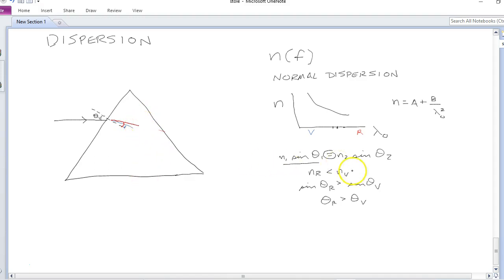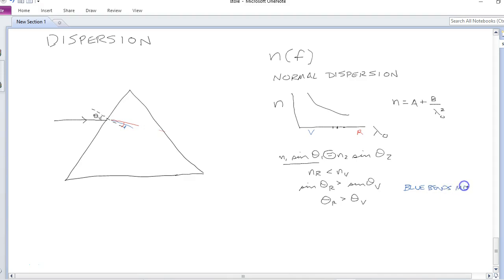Okay, another way to remember this, for some reason I remember this. It's really not a great mnemonic, but a professor that I had one time told me this. It's blue bends more.